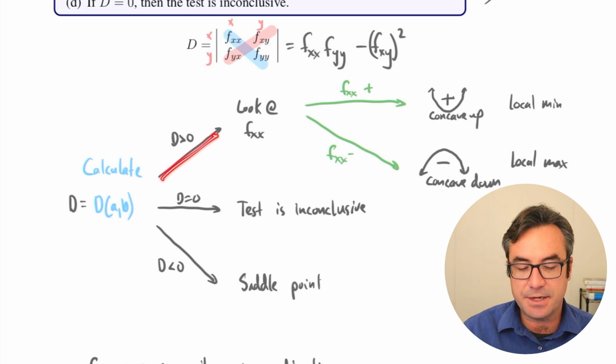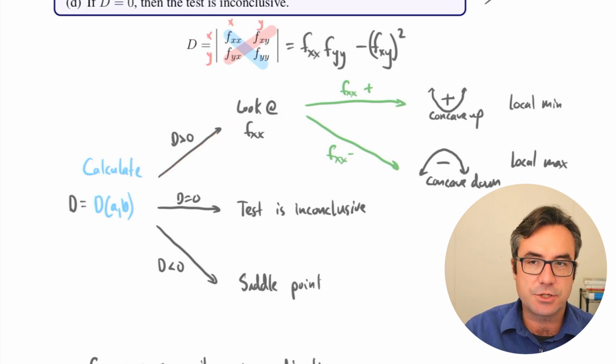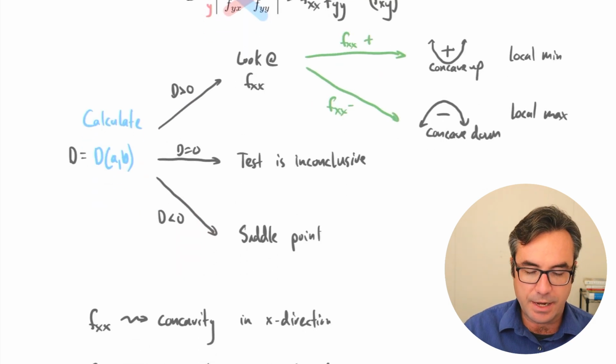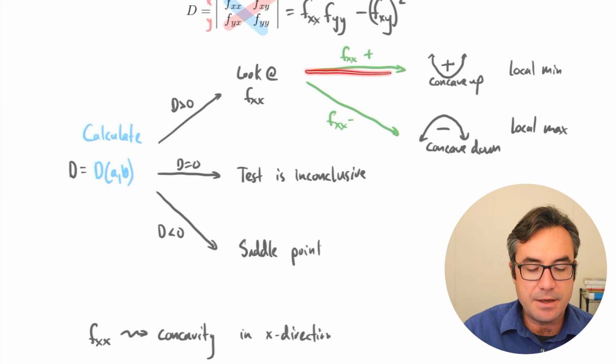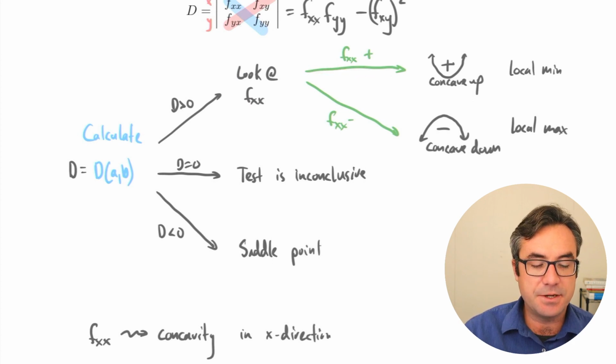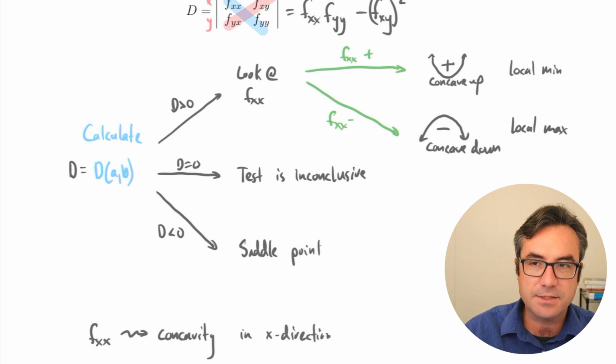If D is positive, then we have to look at the shape of our graph in the x direction, or really we could also look at the y direction, so f double y. And if f double x is positive, that means our graph has a concave up shape in that x direction, which means local min. If f double x is negative, well then it has a concave down shape in that x direction, which makes it a local max.